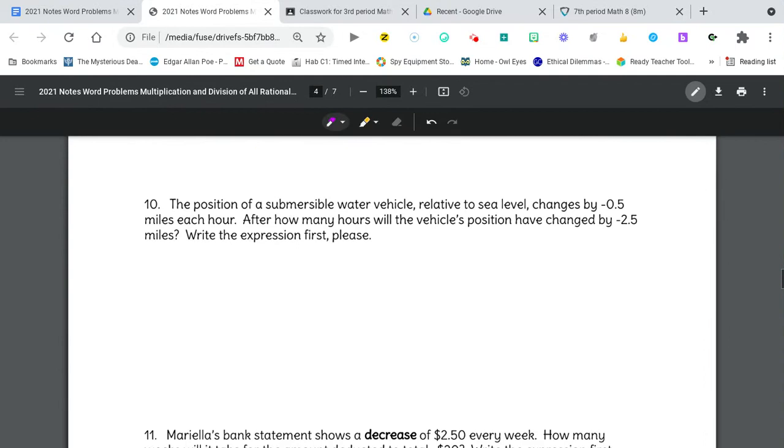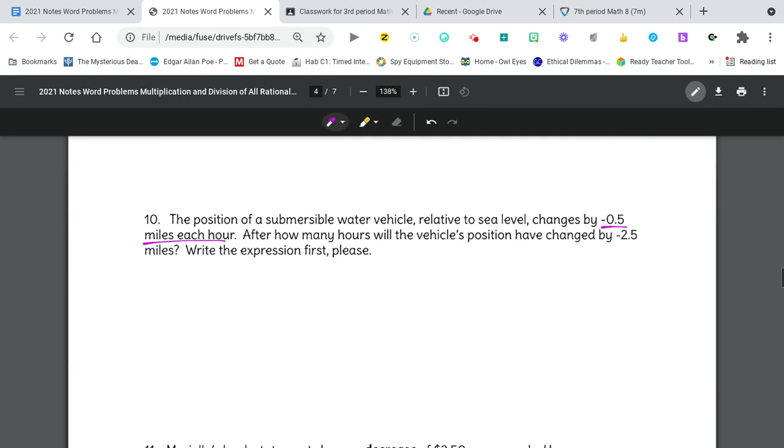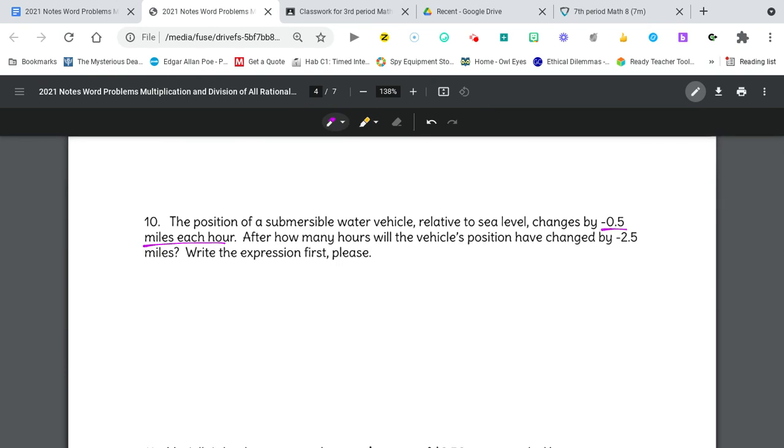So write that down. Maybe that'll help. All right, 10, the position of a submersible water vehicle relative to sea level changes by negative 5/10 miles each hour. Now, think again. Why did they use negative on this one? Why is there a negative? Because there's no word to indicate whether it's going up or down. So since there's no word, you use a sign to decide whether it goes up or down.